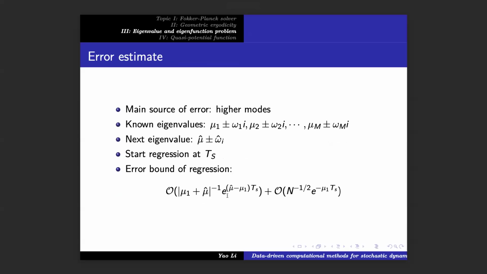And also there is something about the error estimate. So how accurate is this solution? How accurate is the numerically calculated eigenfunction? Well, it turns out that the main source of error comes from higher modes. Why?